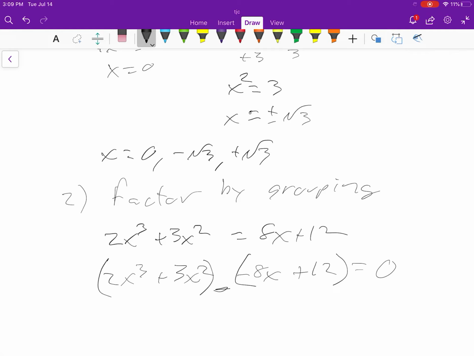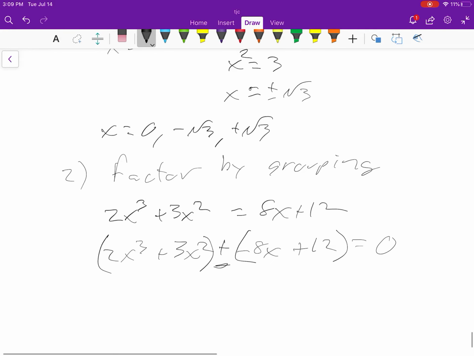So I'm going to put in my parentheses, put a plus here. Okay, and then you're going to factor out what you can. Well, we can factor out an x squared out of the first one. That'll give you 2x plus 3. And what can we factor out of the second one? We can factor out a negative. You're doing it right if we can make this term equal to this term.